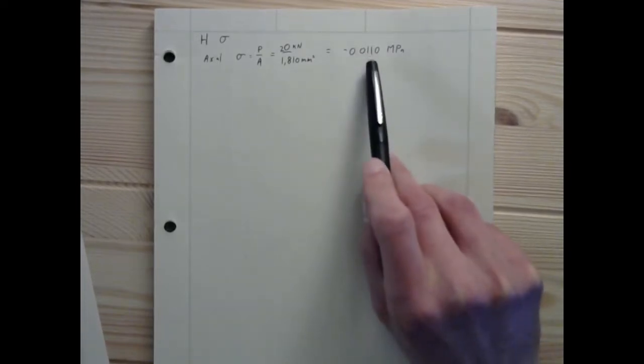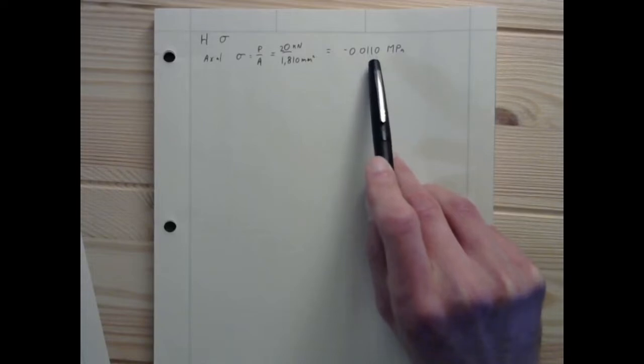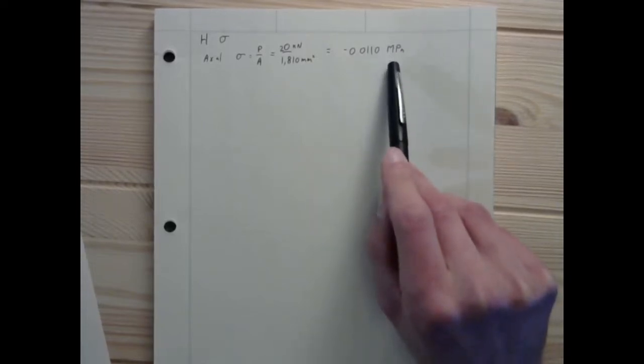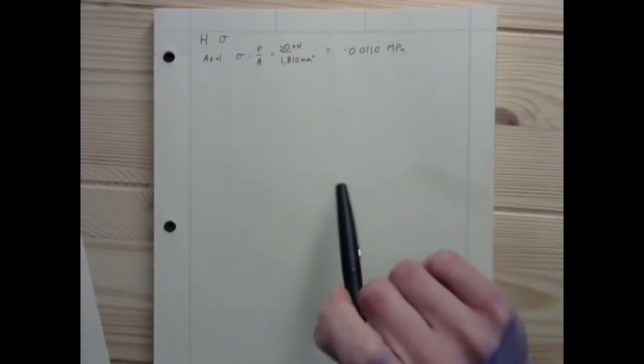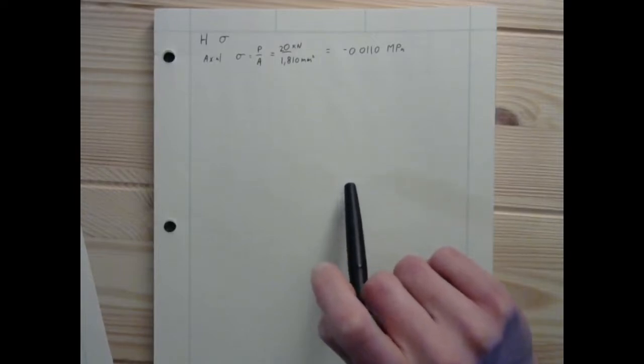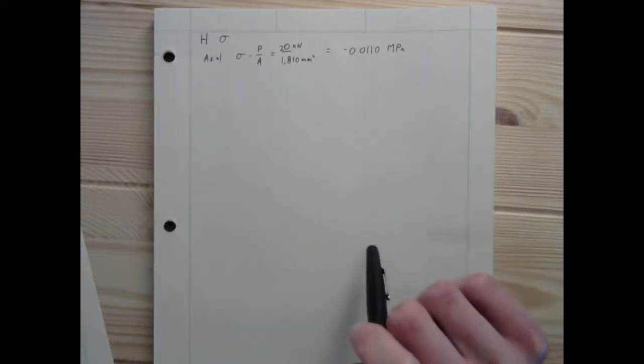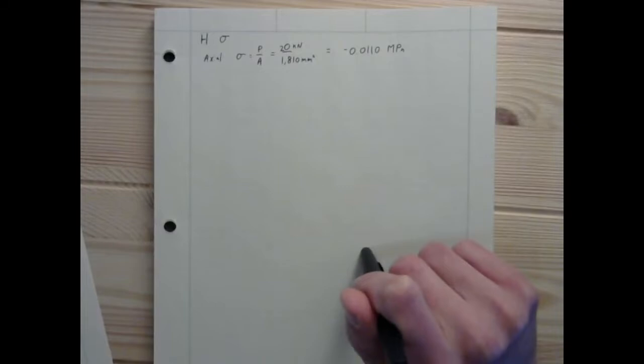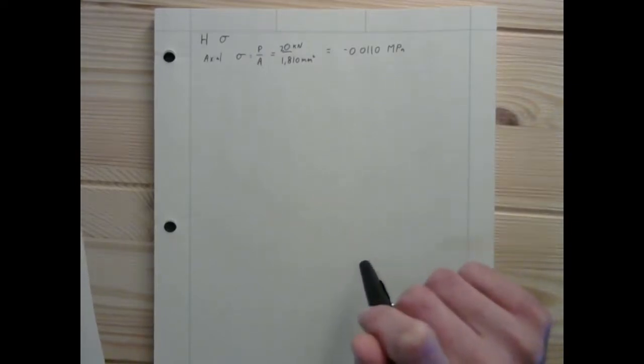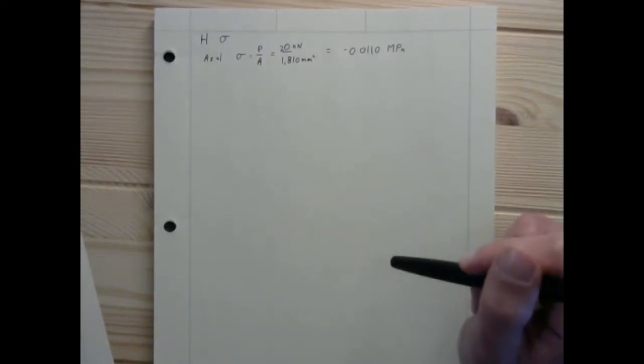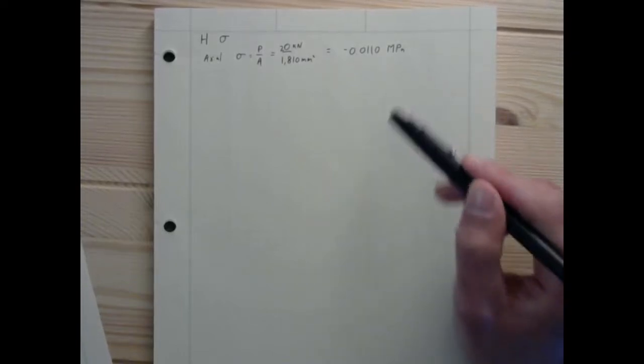And that's going to end up giving us 0.011 megapascals, or kilonewtons per square millimeter. I'm going to use those throughout. Probably could have gotten away with regular pascals, but it'll be about the same. Yeah, let's use megapascals.